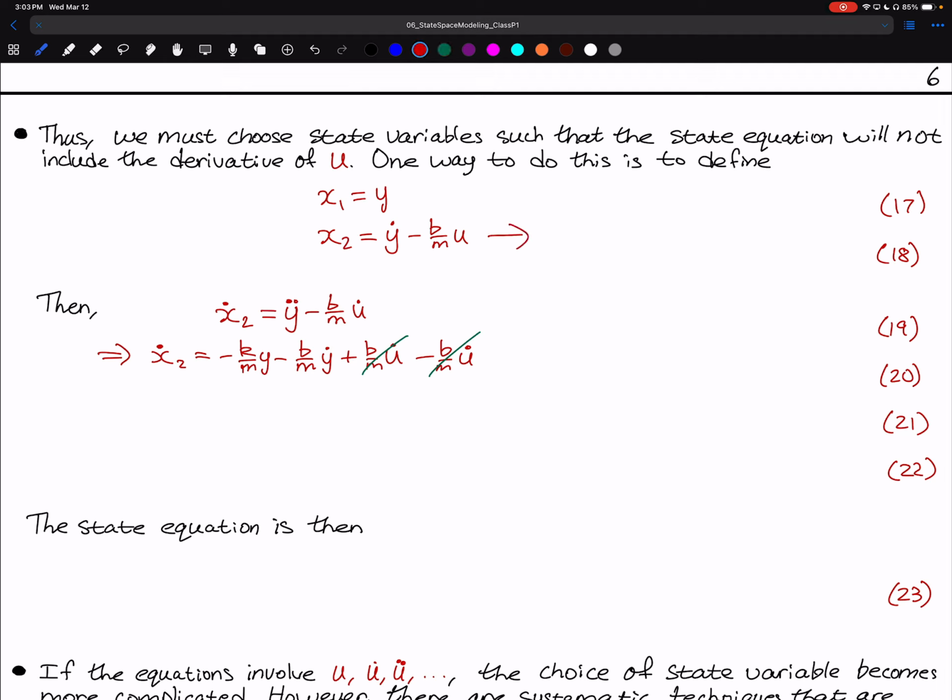From that first state variable, we can solve for y dot, and that's going to be x2 plus b over m u.